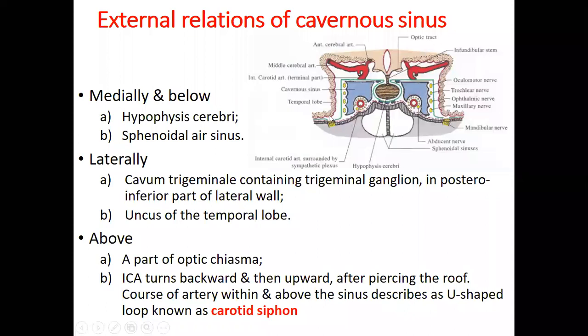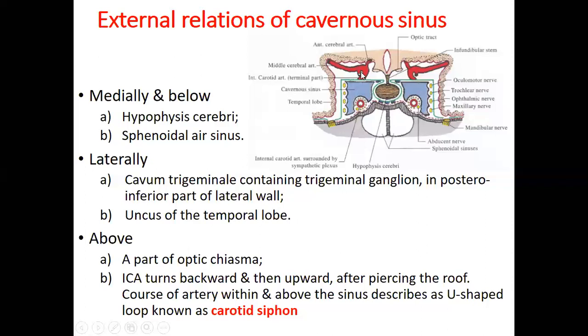Laterally, you will get the cavum trigeminale containing the trigeminal ganglion in the posterior inferior part of the lateral wall. And this part is the uncus of the temporal lobe of the cerebrum.